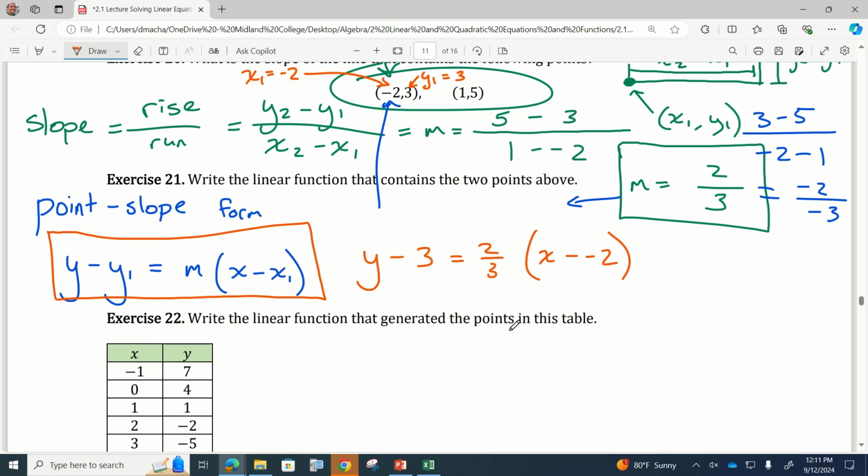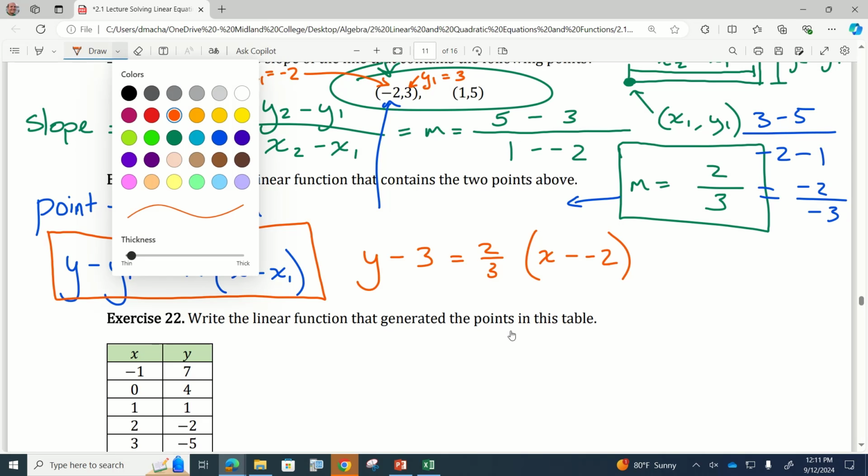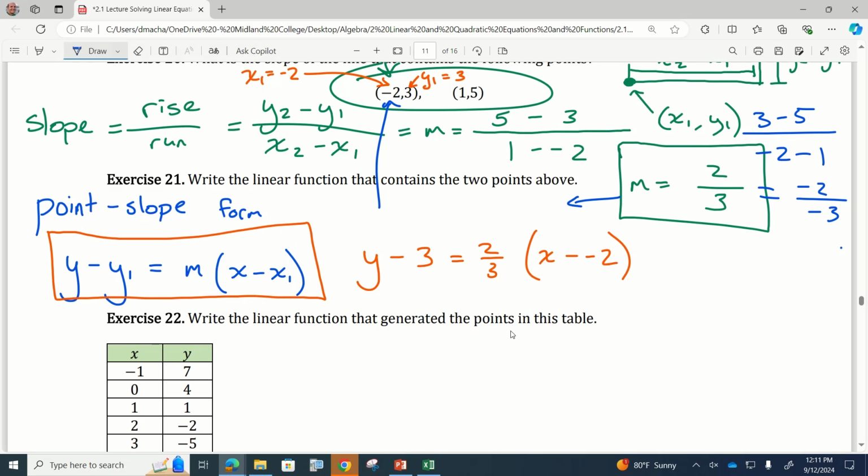Okay? And that was my goal, right? The linear function that contains the 2 points. Of course, if this is a test, and you might see this question on a test where you've got multiple choice A, B, C, D, you might see this in slope-intercept form, right? I might give you a simplified version of the answer. And of course, you would need to write y equals 2/3 x.